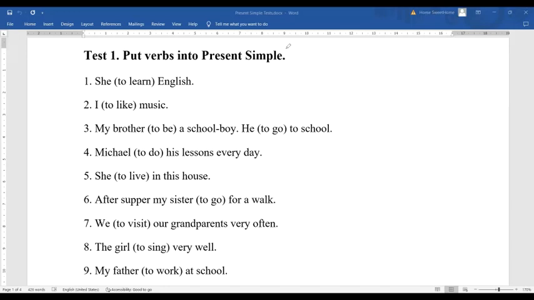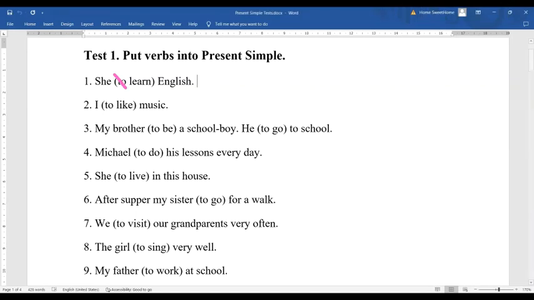When we open the brackets, we always remove to, the particle to, which means infinitive. We take the verb out of the brackets and we need to change it, right? So what do we get?